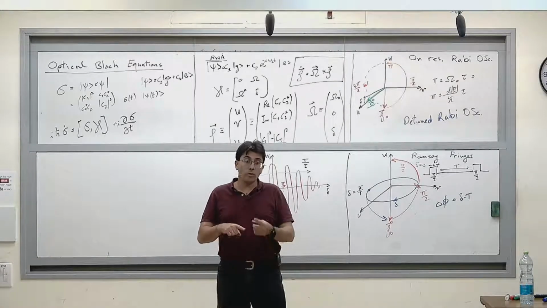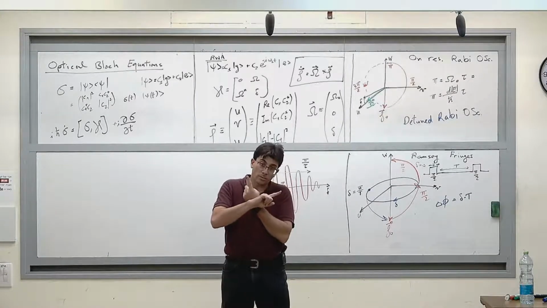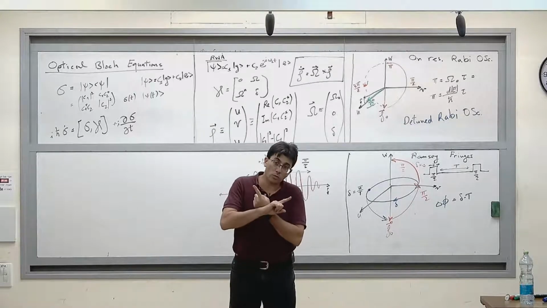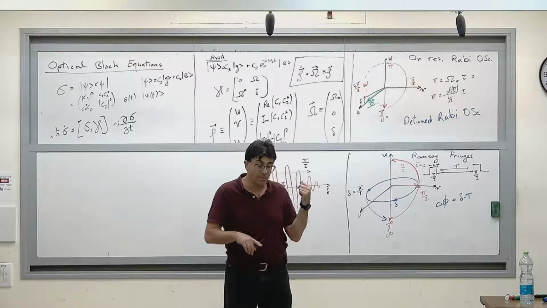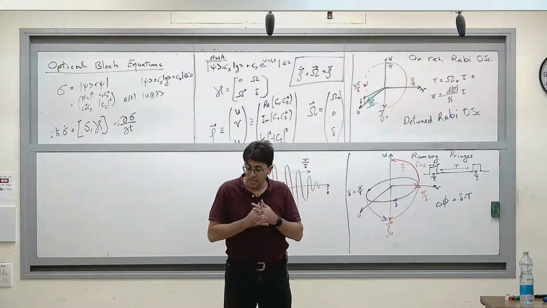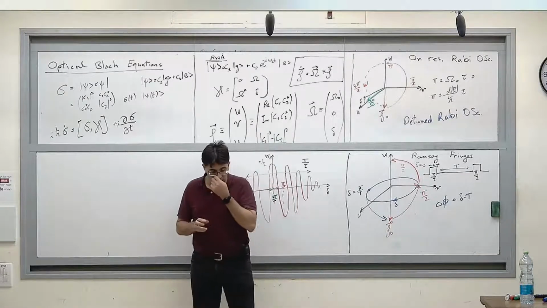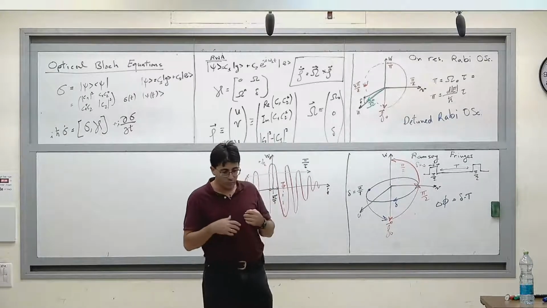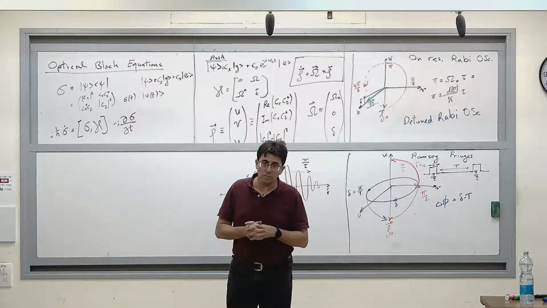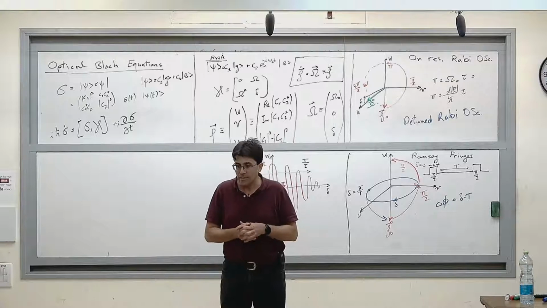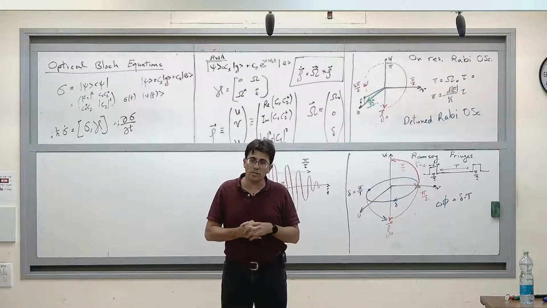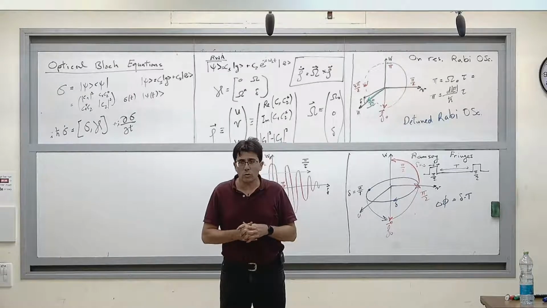You have two polarization components that are orthogonal to one another, just like the ground and excited. And those two polarization components, when you operate with them with all kinds of elements, you're doing things that are very similar.